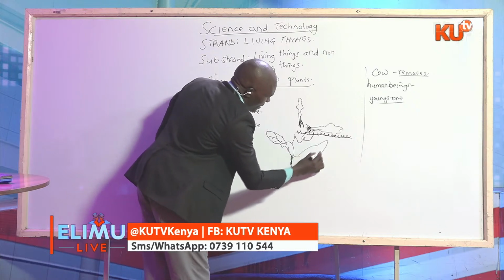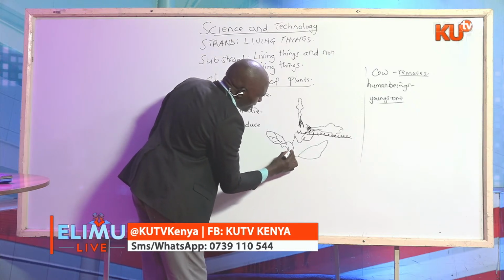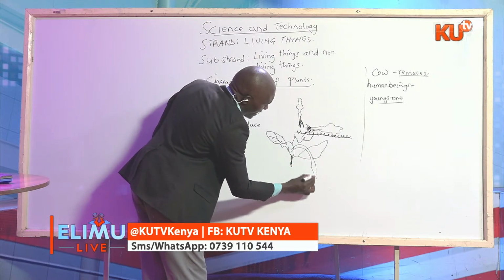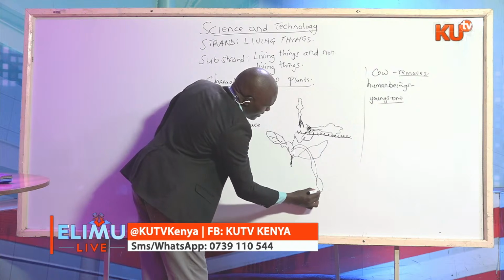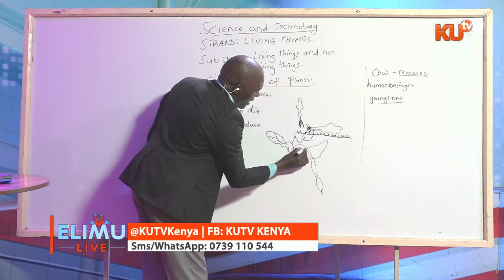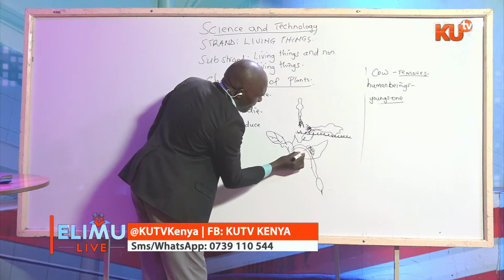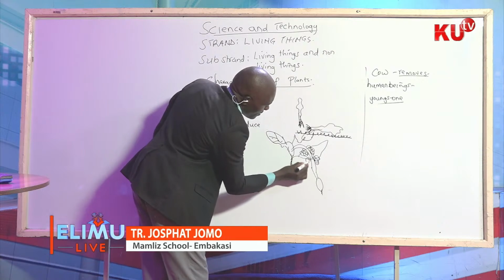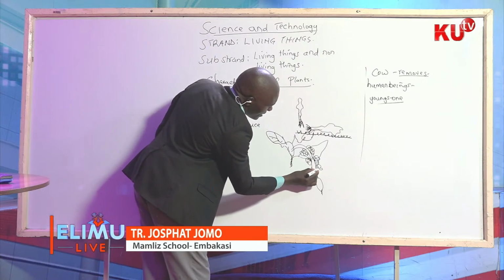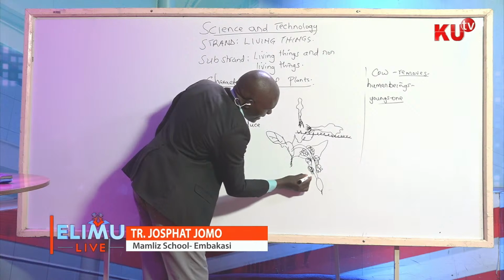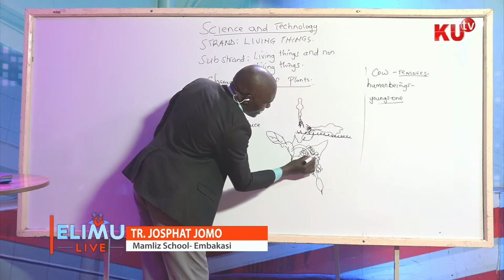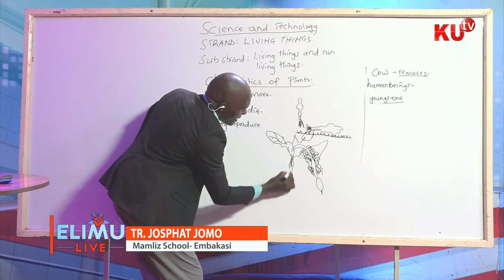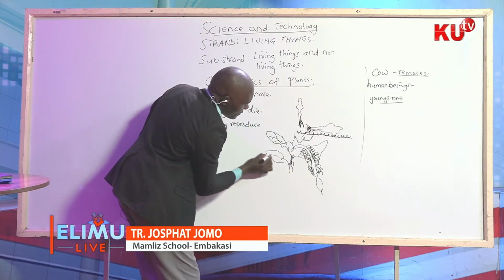When you see such a fruit coming out on a banana, this simply tells you that a banana has the ability to reproduce.